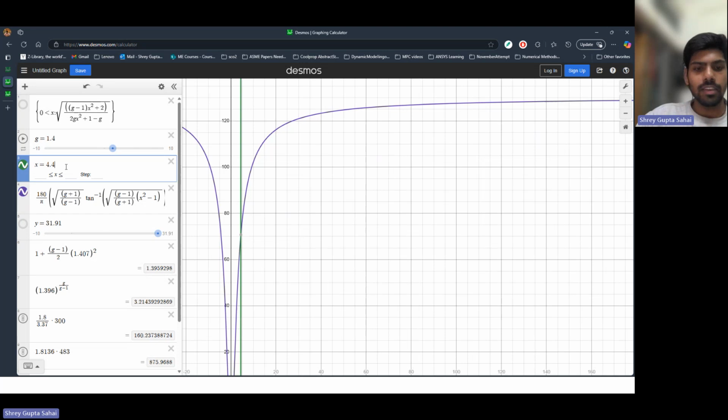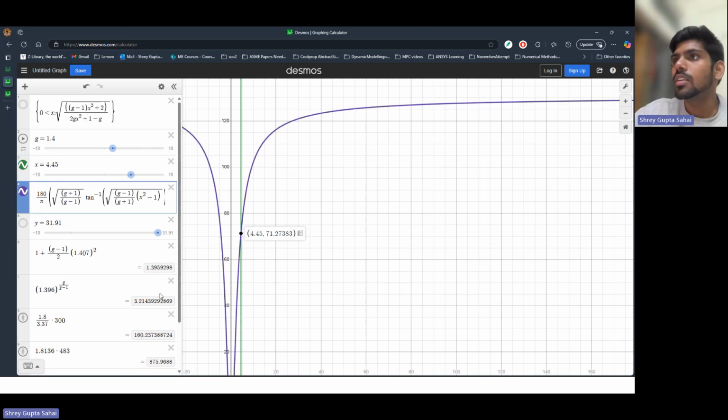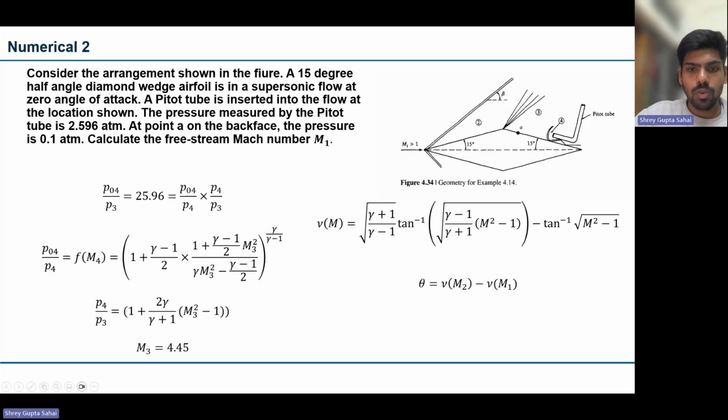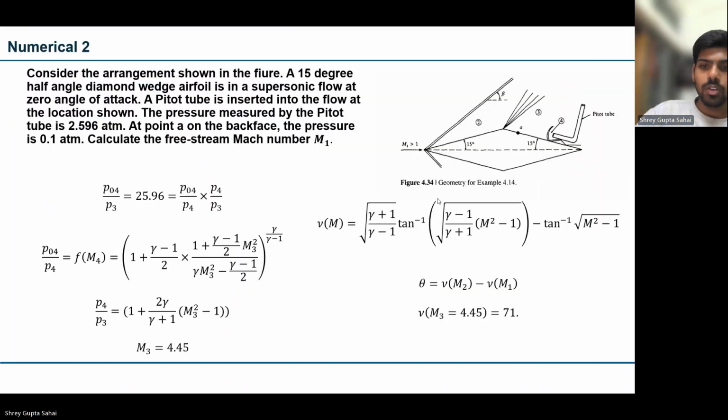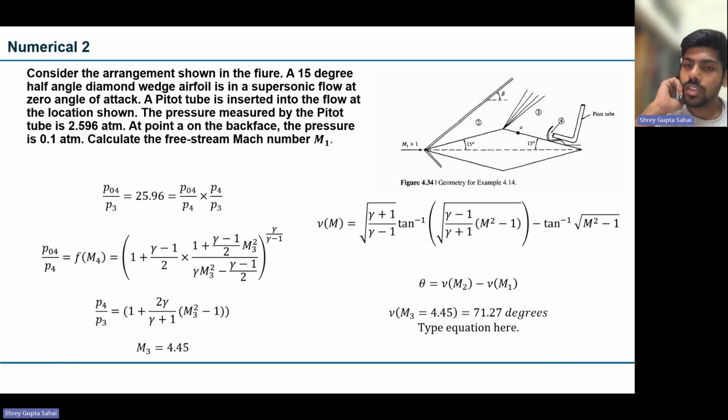So 4.45. What is the value that you have? 71.27 degrees. Okay. So mu of M3 at 4.45 is 71.27 degrees.